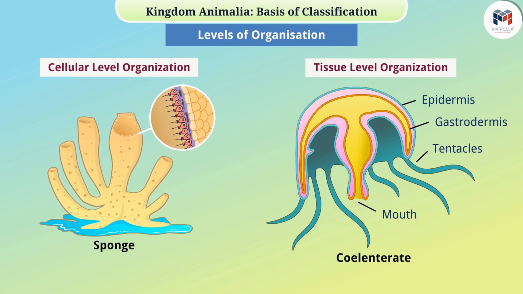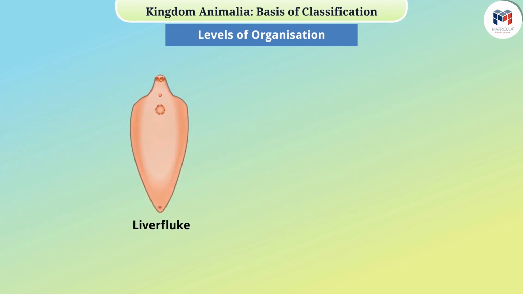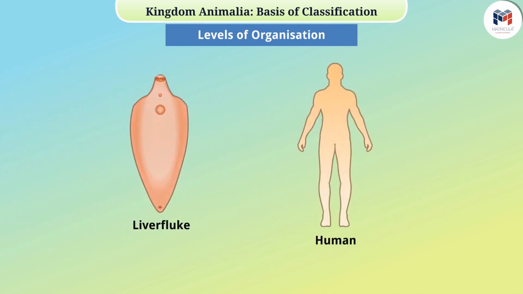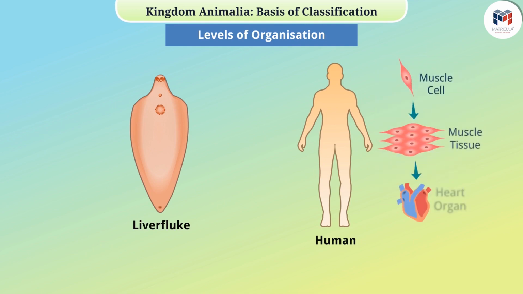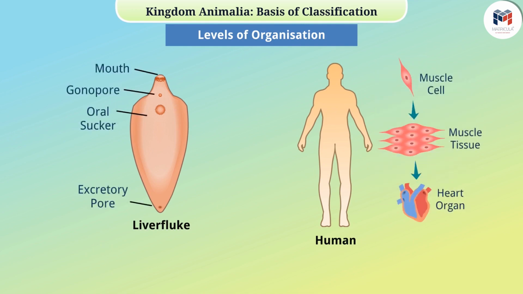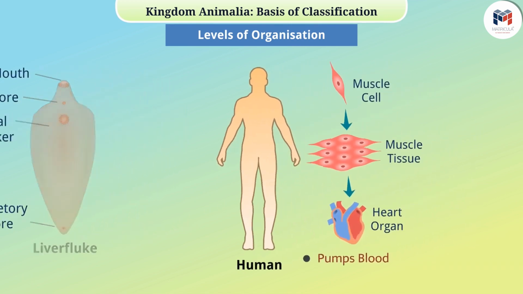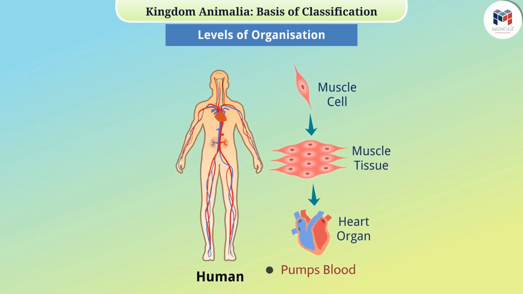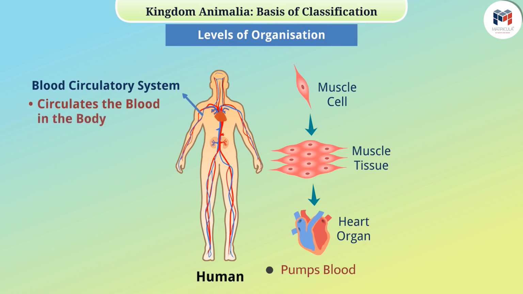In some animals, such as liver fluke and other higher animals, tissues organize and make organs, where each organ performs a specific function. In some animals, different organs together make an organ system and perform special functions in the body.